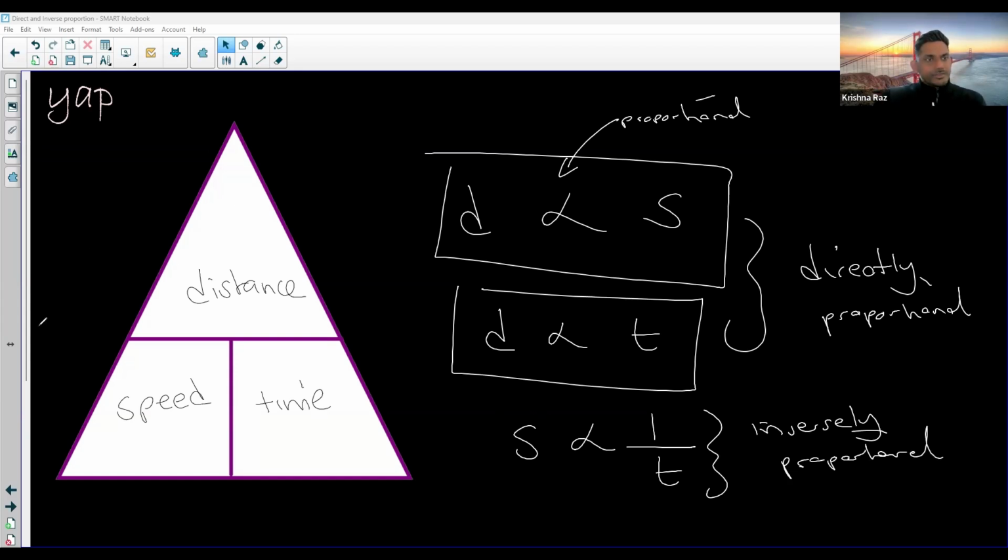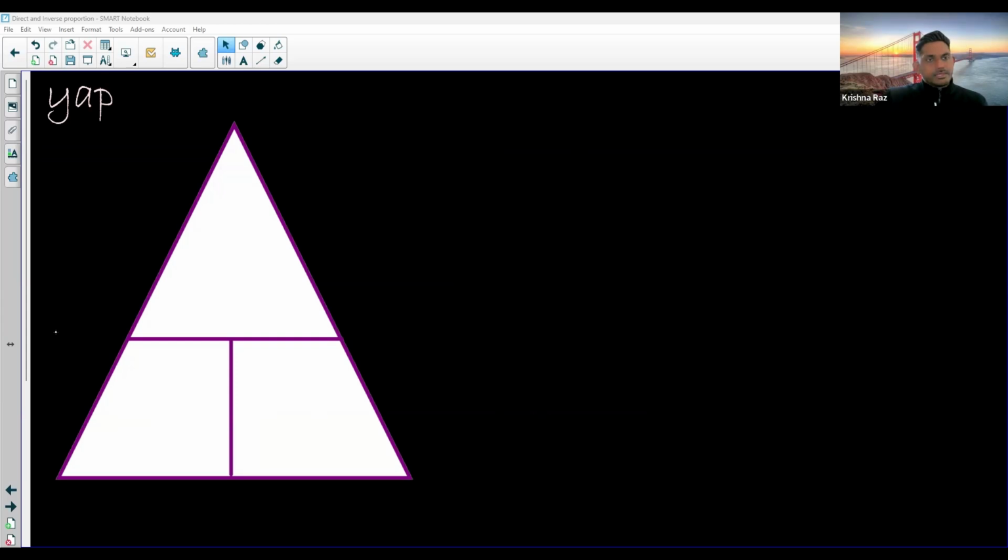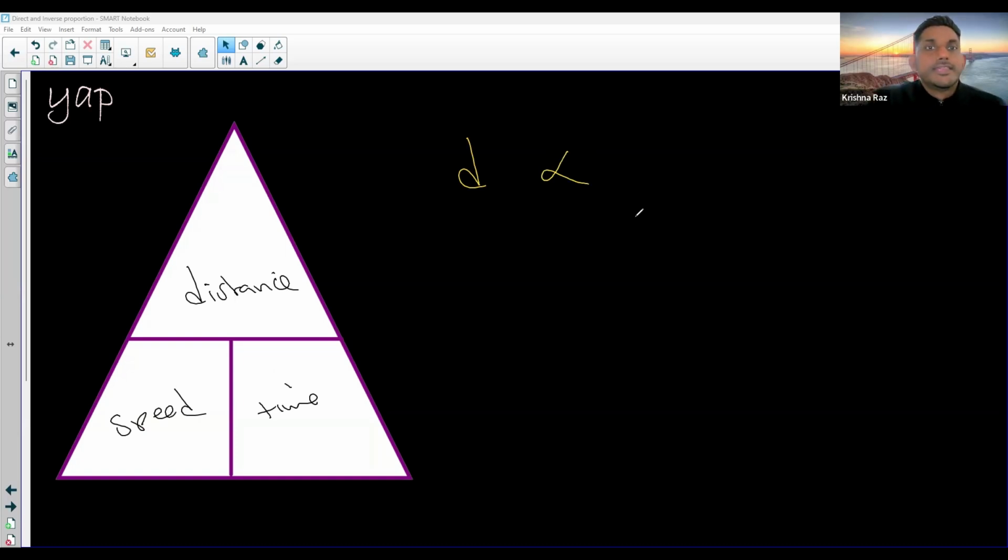So if we evaluate what we've done, we looked at distance, speed and time. And we said that distance is proportional to speed given a constant. We know distance equals speed times time, so in our instance, time is our constant.